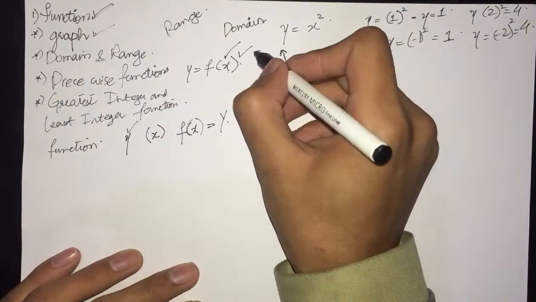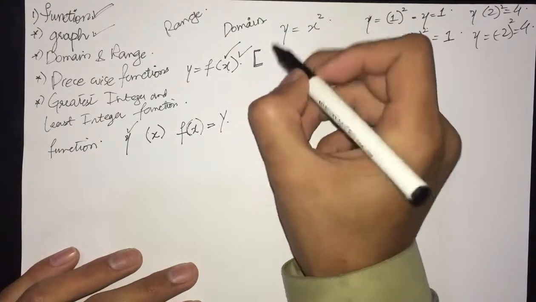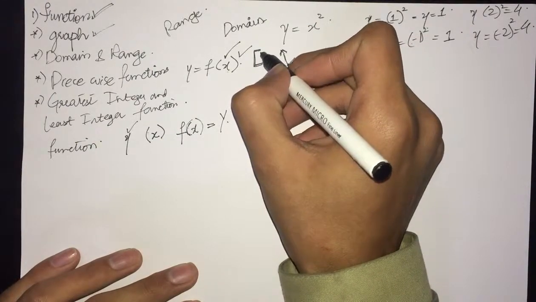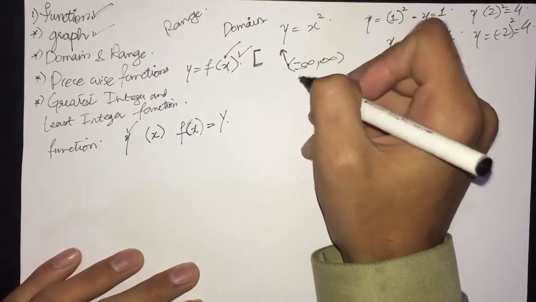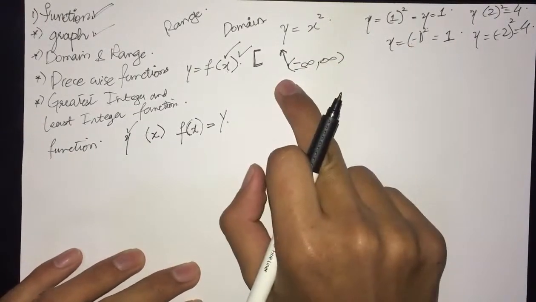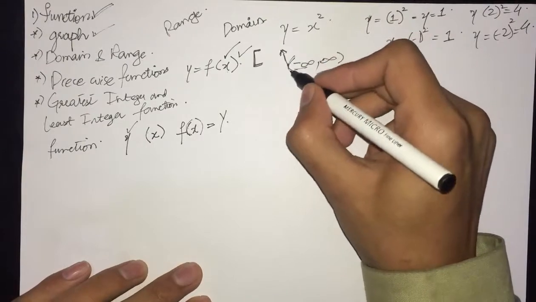And when I write a square bracket, that will mean that the number written on the left side will be included, but a parenthesis means that the number written there is not included. So this is the domain.